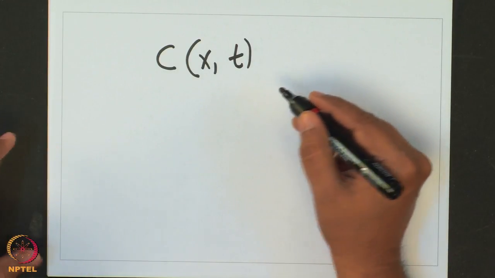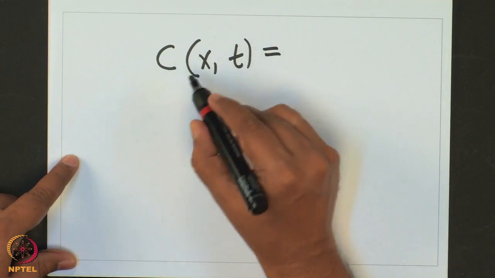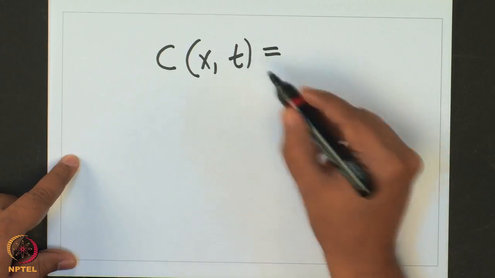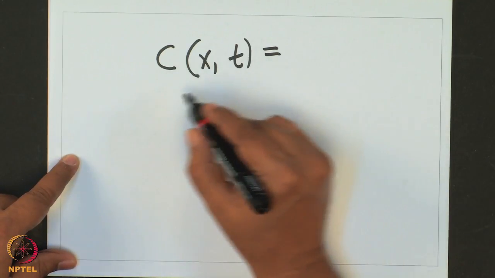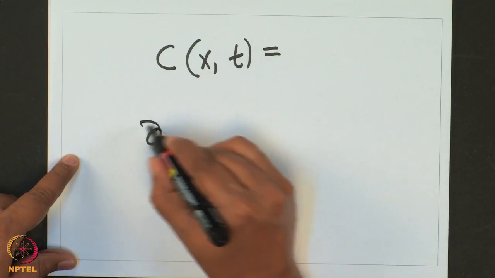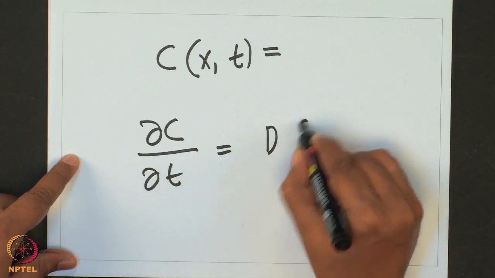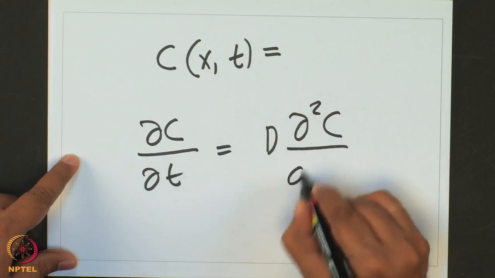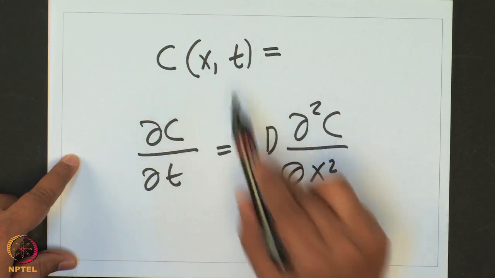If we want to know the concentration as a function of x and t, C can be obtained by solving this equation: del C by del t is equal to D del square C by del x square. So this is the equation that we learned for this C.